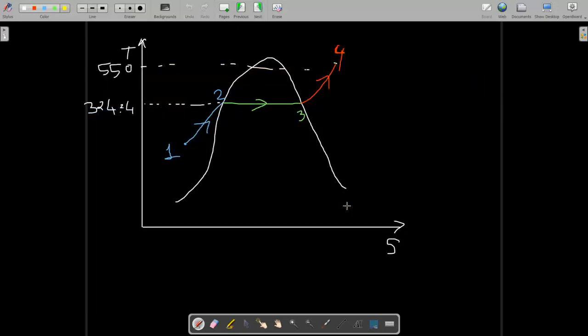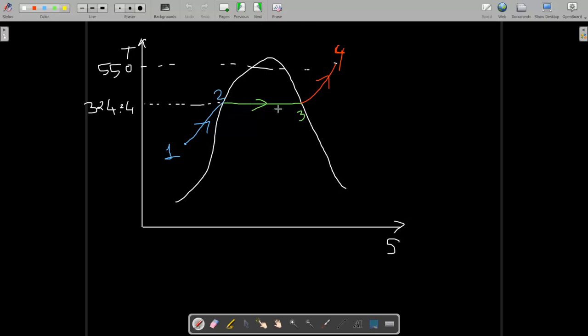Now you can understand this: point 2 is on the saturated liquid line. So the enthalpy of liquid at saturation temperature minus the enthalpy supplied, this difference multiplied by the mass flow, will give us the amount of heat that we have added in the economizer.